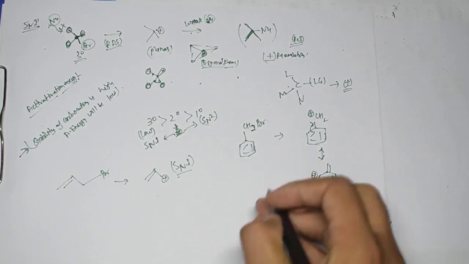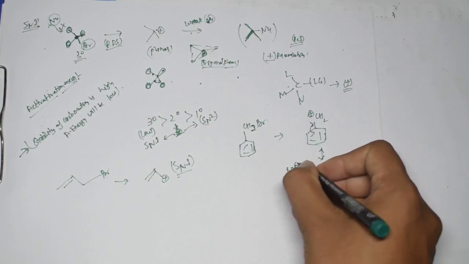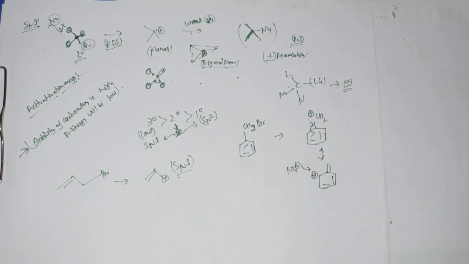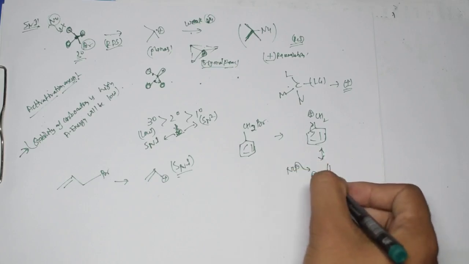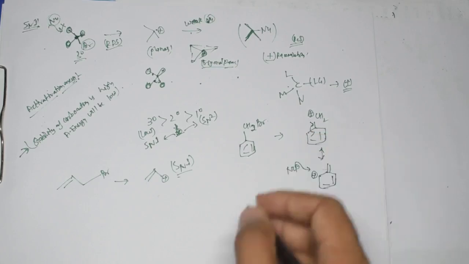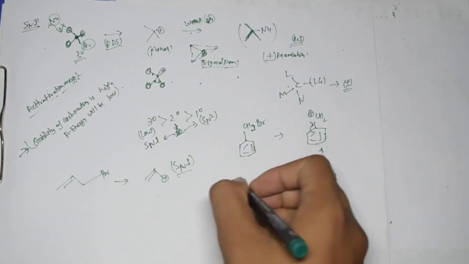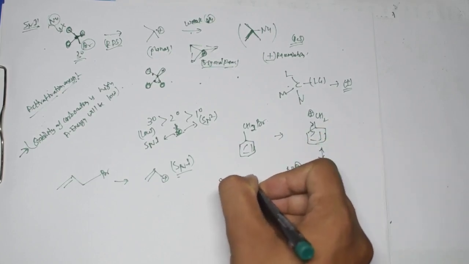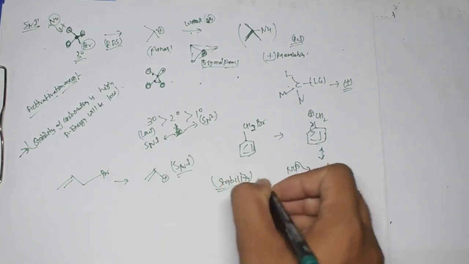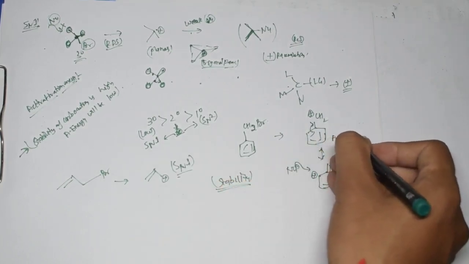Now the question is, if we have any nucleophile, why won't this nucleophile attack at this position? It is also possible that the nucleophile attacks at this position because the positive charge will be in the ring as well. But the main factor here is stability, because this is aromatic.